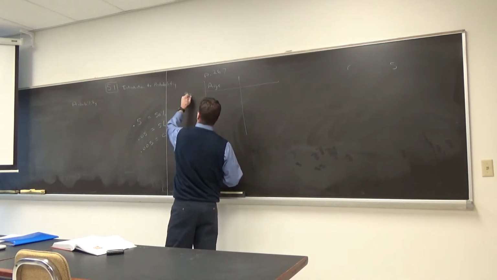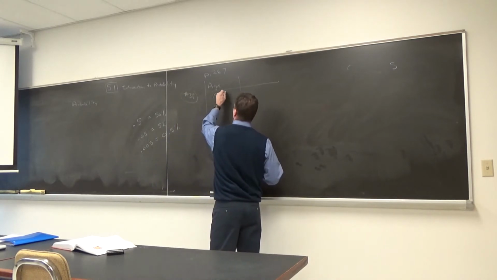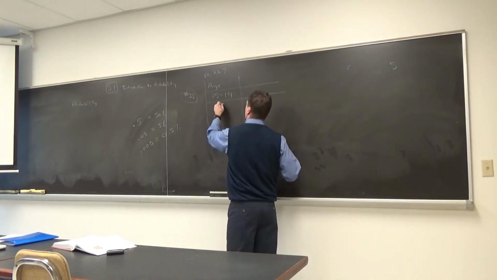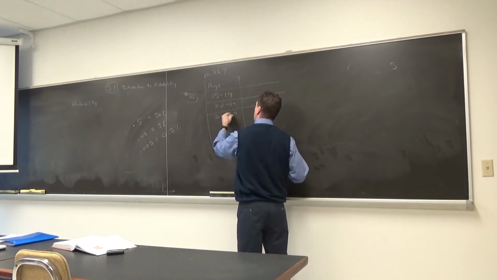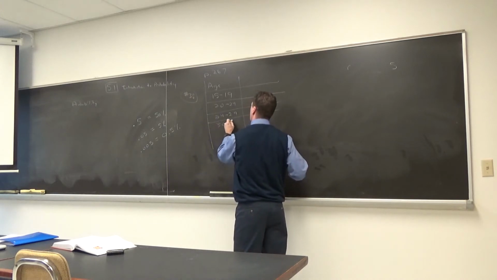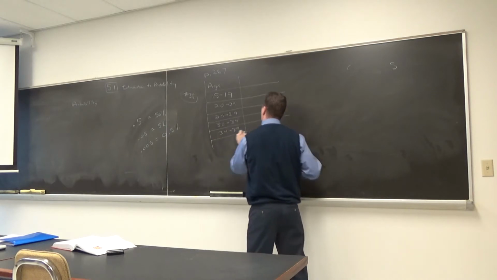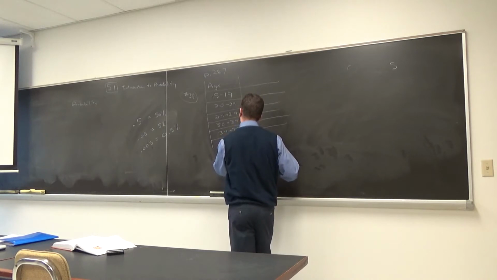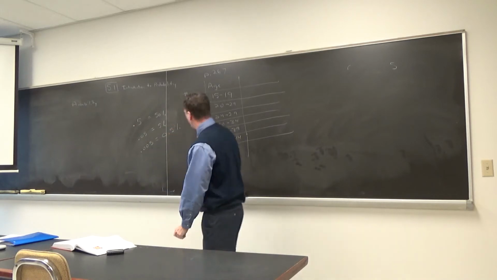All right. Number 38. They've got age 15 to 19-year-olds. All right. 20 to 24. 25 to 29. 30 to 34. 35 to 39. 40 to 44. 45.